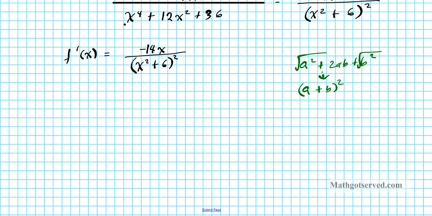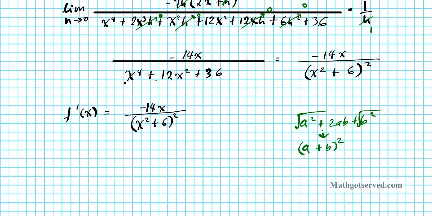In this case, a is x squared and b is 6. If you don't remember this method, then you can use the AC method and factor the whole expression. So this is basically the derivative of the function using the limit definition of a derivative.